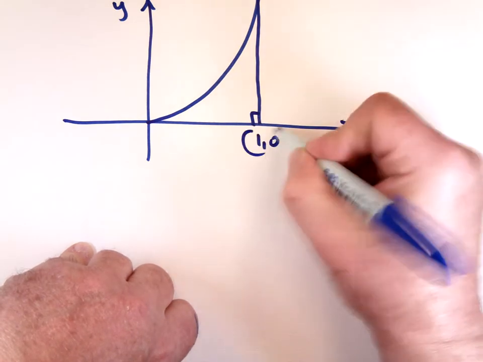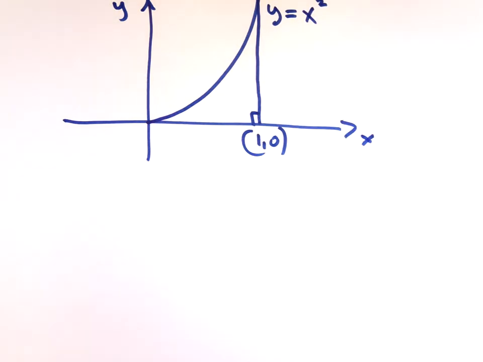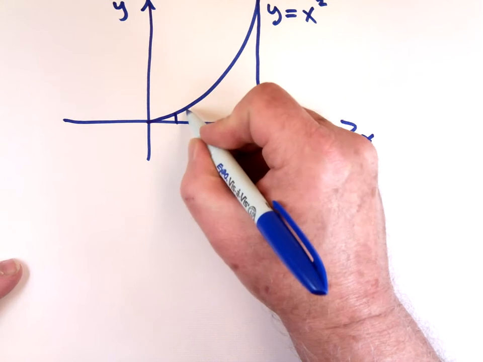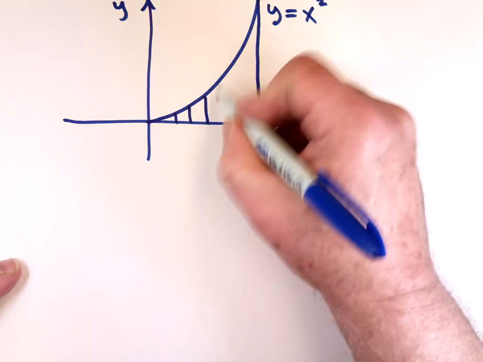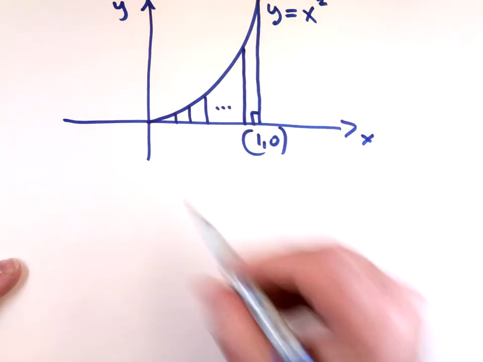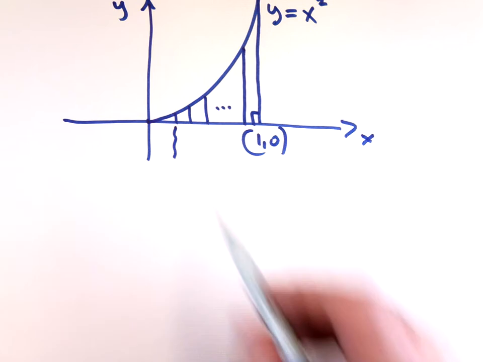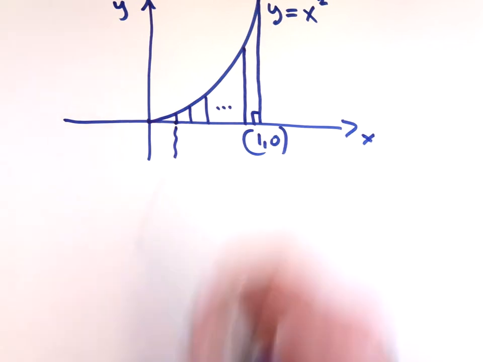I'm going to divide this up into n equal pieces. I need the coordinates of this point right here. If I divide this up into n equal parts, what's the x coordinate right there? 1 over n is correct.